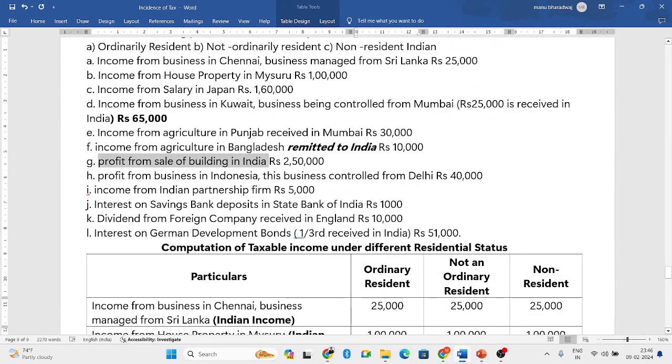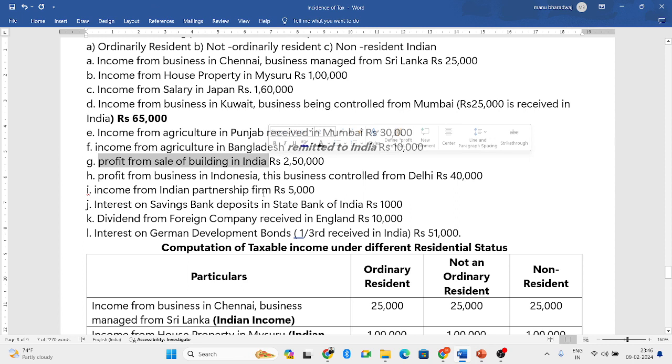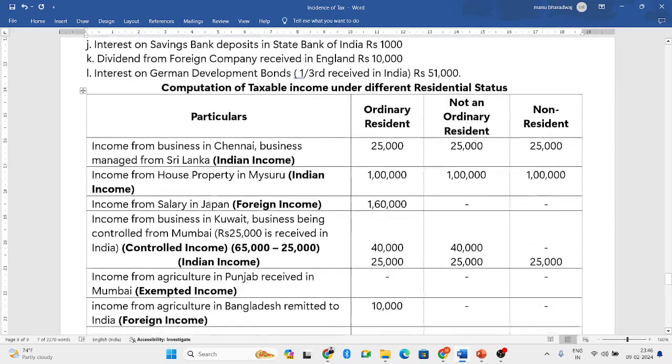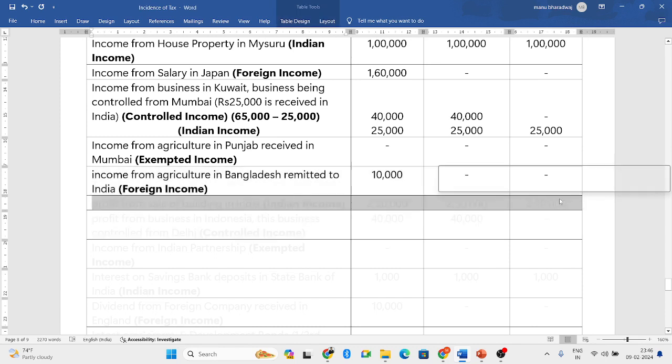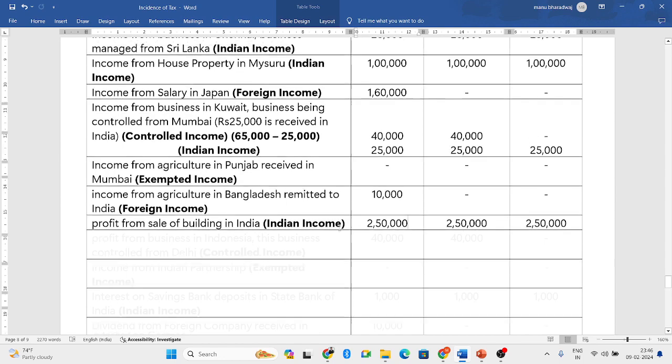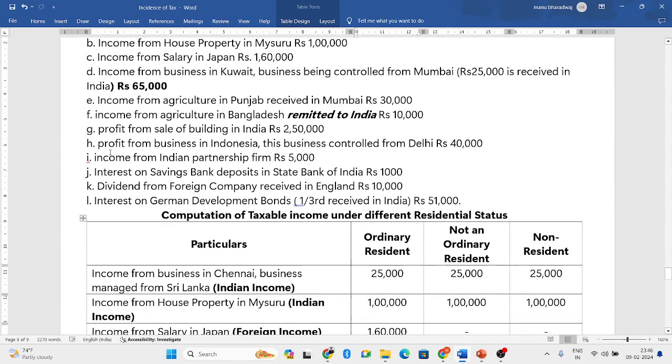Profit from sale of building in India. So you have sold a building in India. So the income has arisen in India. When the income arising aspect is in India, it is considered as Indian income. So all the three people will be taxed. Next, profit from business in Indonesia.